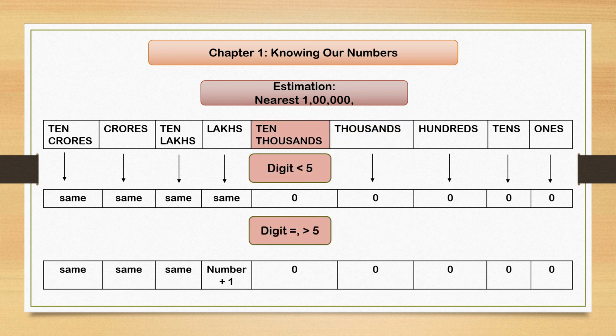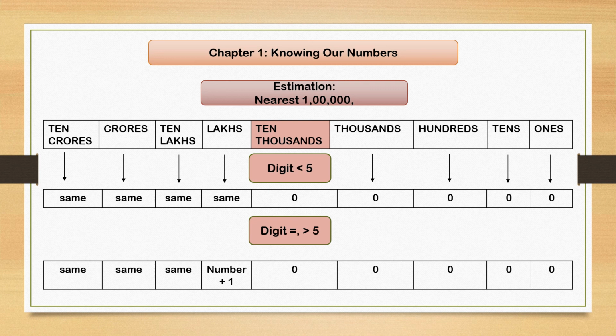Next we have rounding off the number to the nearest 1 lakh. While rounding off the number to the nearest 1 lakh, we observe the digit at the 10,000s place. Again, here we have two rules. First rule, if the 10,000s digit is less than 5, we replace the digits on 10,000, thousands, hundreds, tens and ones place by 0 and the other digits remain same.